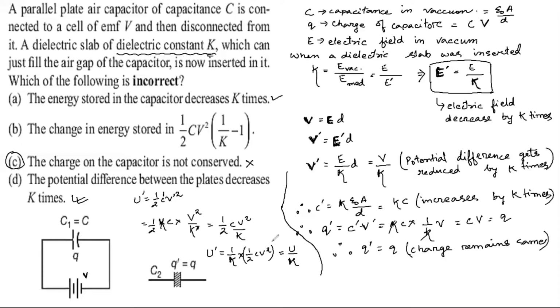Initially it will have this half CV square term, so this will be the change in energy. So our correct option is C, because the charge stored in a capacitor remains the same even if you insert a dielectric slab.